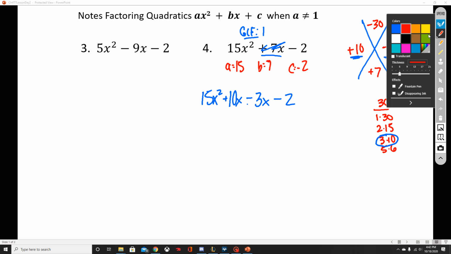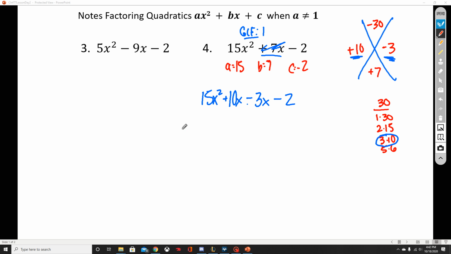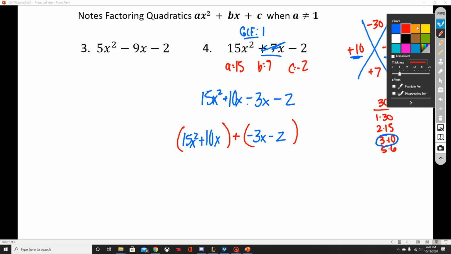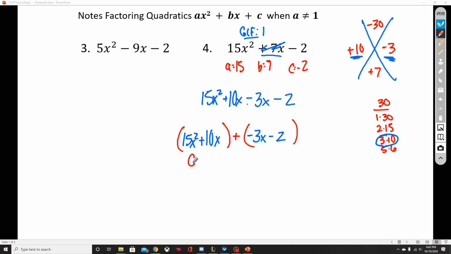Alright, now factor by grouping. So I'm going to group the first two terms together, plus, I'm going to group the second two terms together. They're being added, it's not going to mess with anything, so I'm going to have 15x squared plus 10x in my first group, and negative 3x minus 2 in my second group. And I want to factor out the GCF of each group.